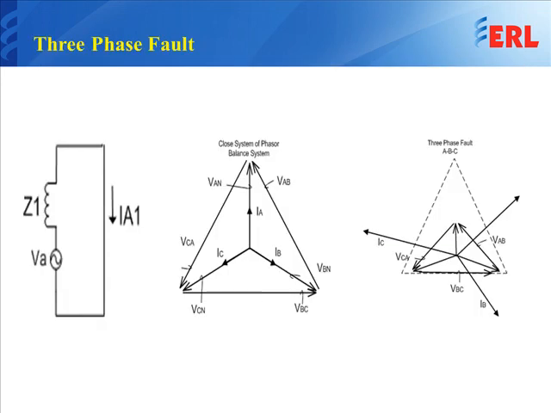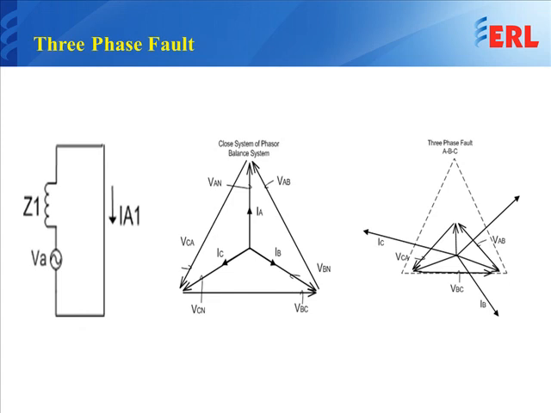Now for a three-phase fault. Three-phase faults are called symmetrical faults because they don't involve any sequence other than the positive sequence component. For the behavior of the vectors, we can see that for a three-phase fault, all the phasors are involved, A, B, and C, and the currents increase significantly.